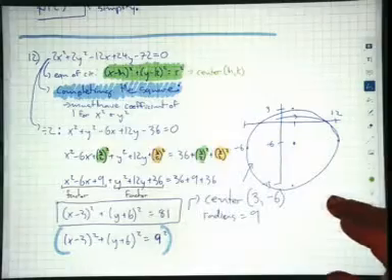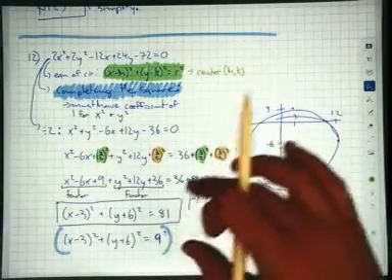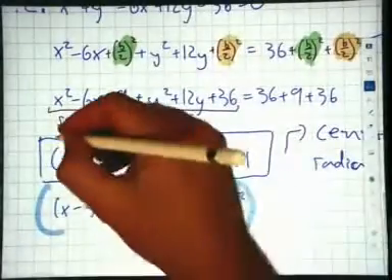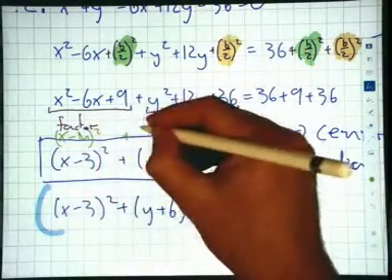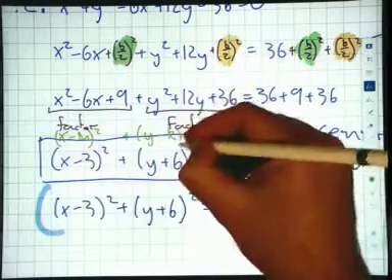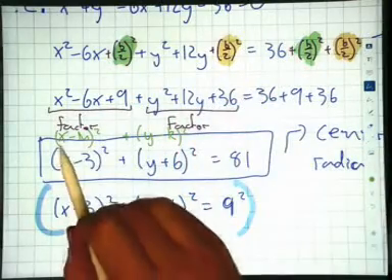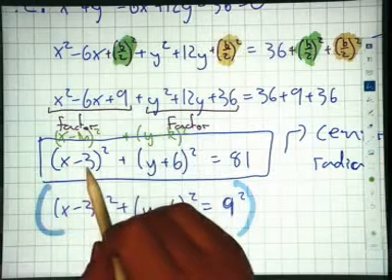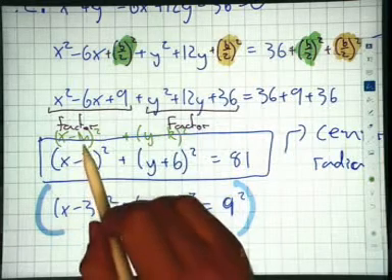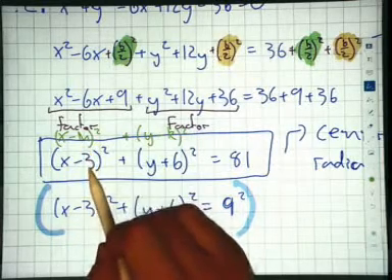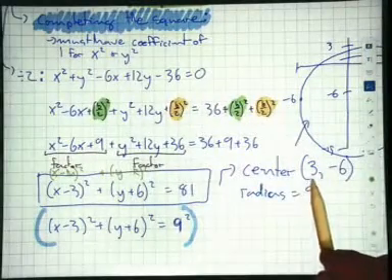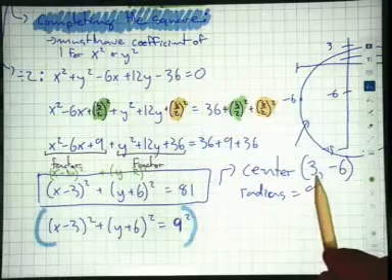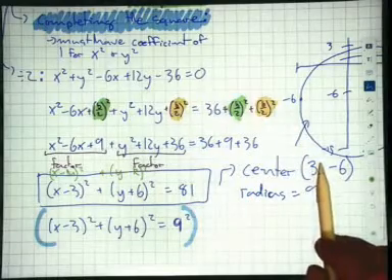So if you look back down here at what we did with number 12, you have x minus 3. H is the x coordinate of the center, so 3 is the x coordinate of the center. It's not negative 3, it's 3.